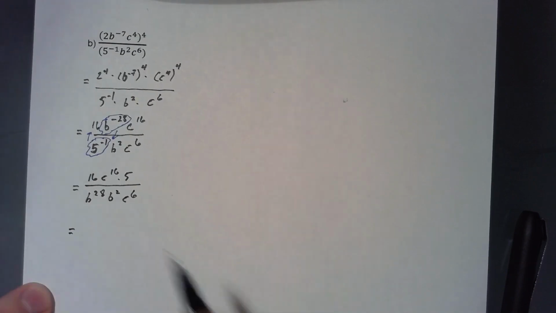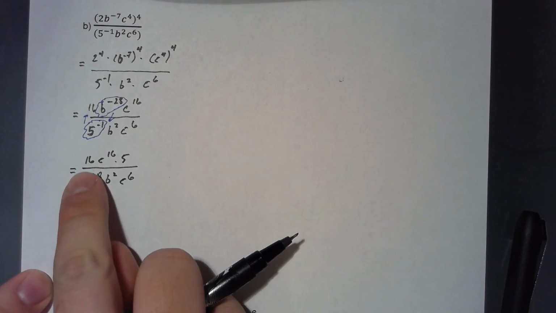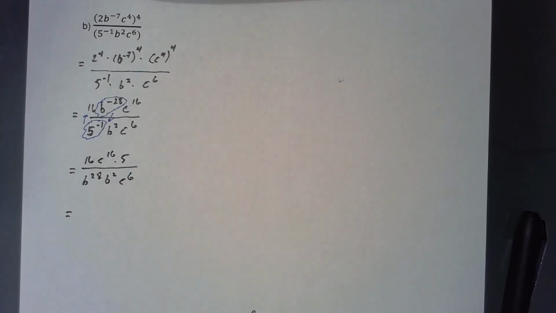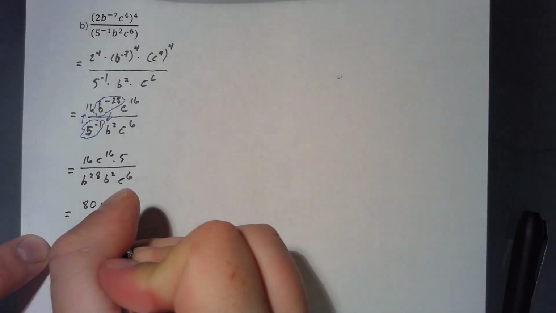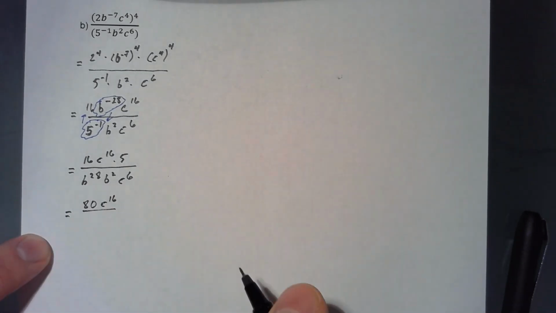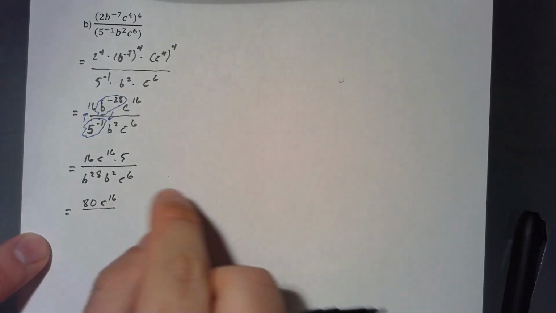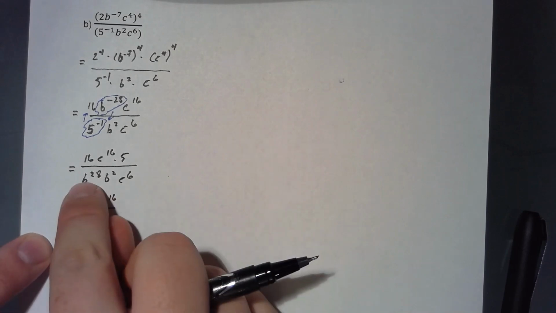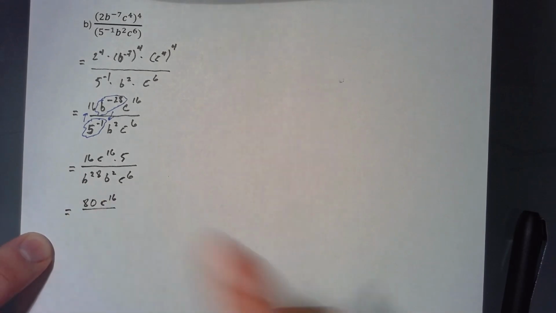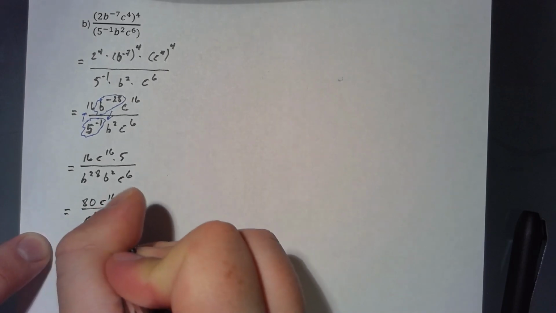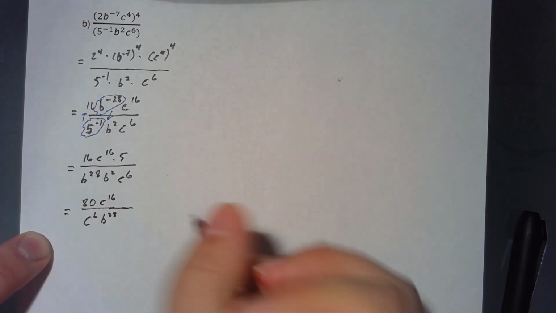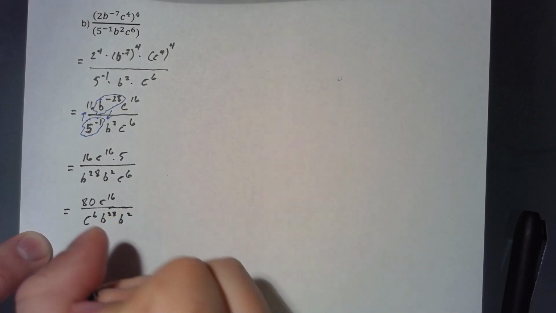Okay. 16 times 5 is 80, times c to the 16th over c to the 6th times b to the 28th times b squared.